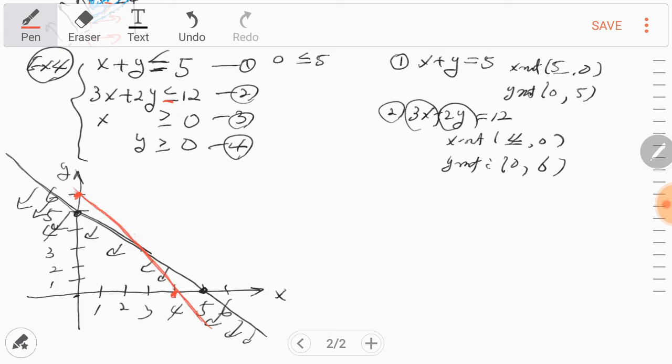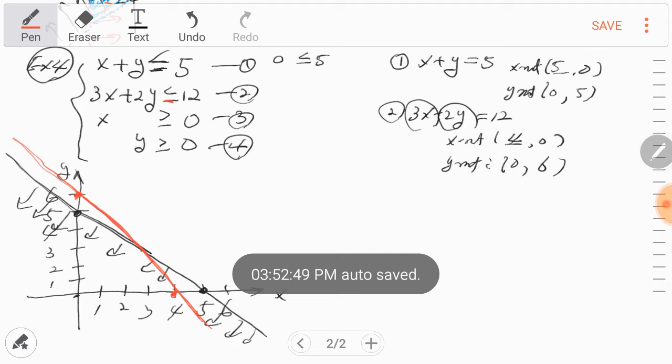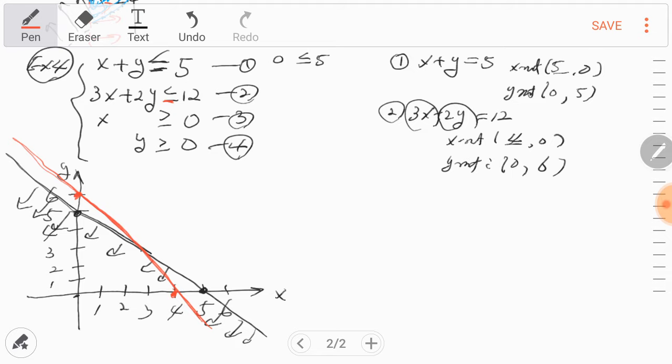Something like this. It's not straight. Let me draw it a little more correctly.